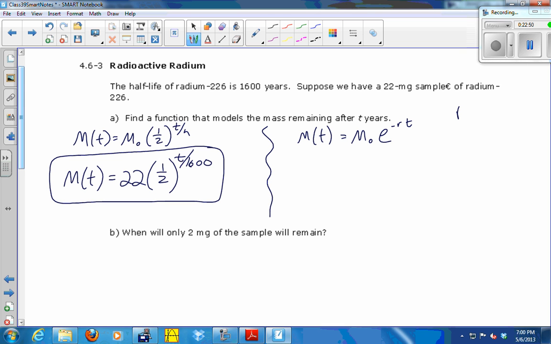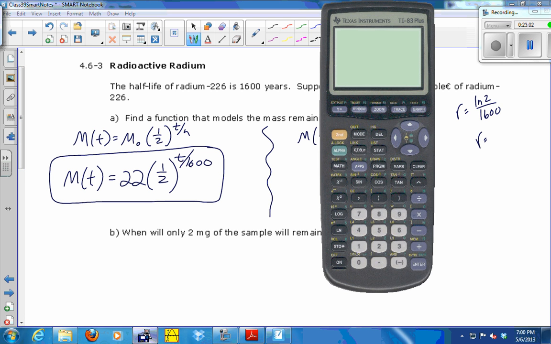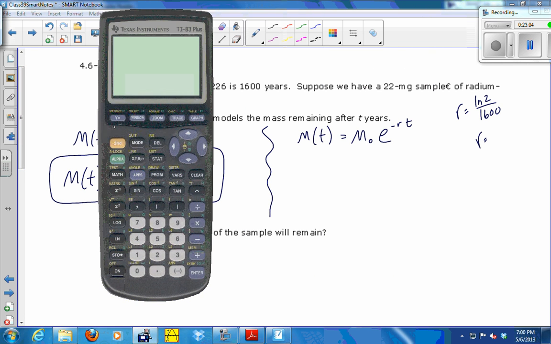And I would say, okay, well, R is the ln of 2 divided by h, which in this case is 1600. So R would be ln of 2 divided by 1600, the half-life.